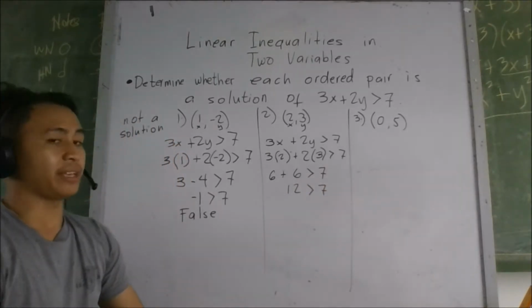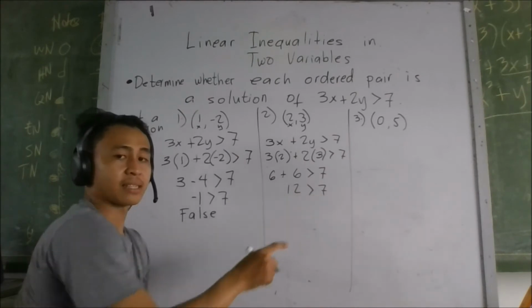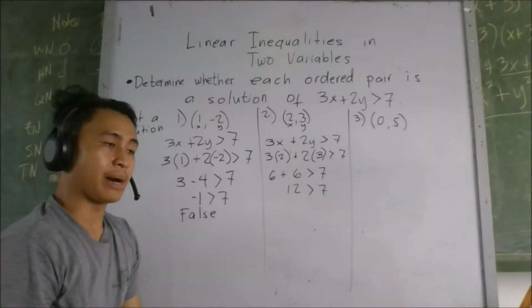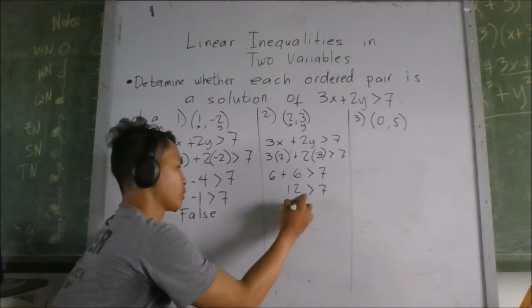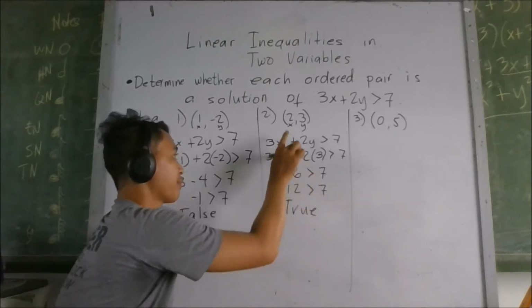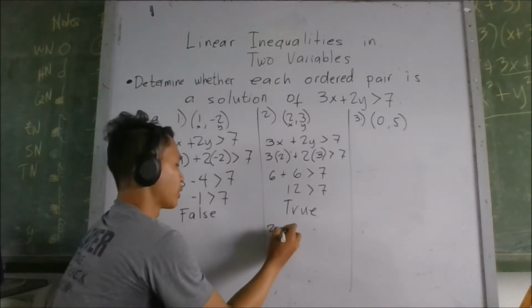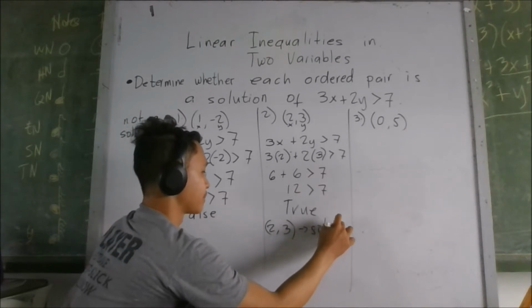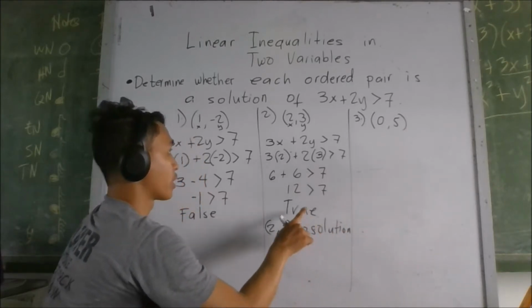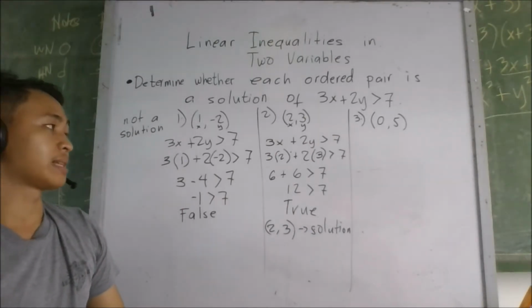Now, identify if the statement is true or false. 12 is greater than 7. True or false? Tama, it is true because 12 is really greater than 7. So, since the statement is true, therefore, we can say na yung 2, 3 is a solution on our inequality, 3x plus 2y is greater than 7.